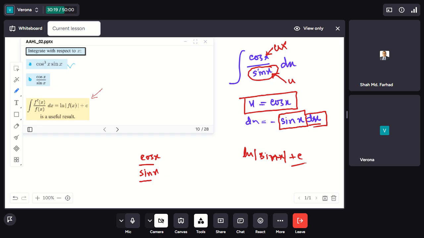So if we have a rational function like this, where if we differentiate the denominator and get the numerator as the result, then we can directly write ln of the denominator, that is ln sin x plus c, right? Is it clear to you?